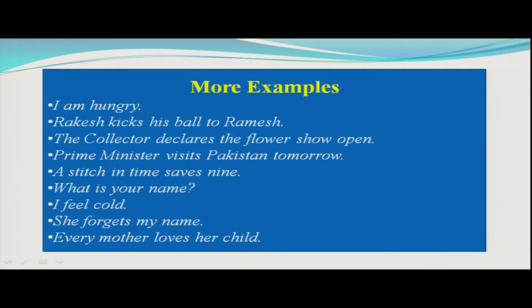I feel cold. Now, you cannot say, I am feeling cold, because feel is a verb of sense. Now, there are five sense verbs like feel, see, hear, taste, and smell.